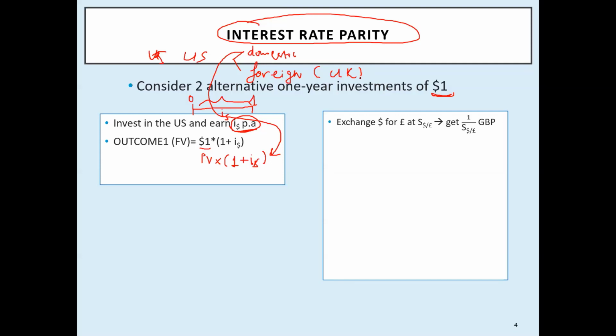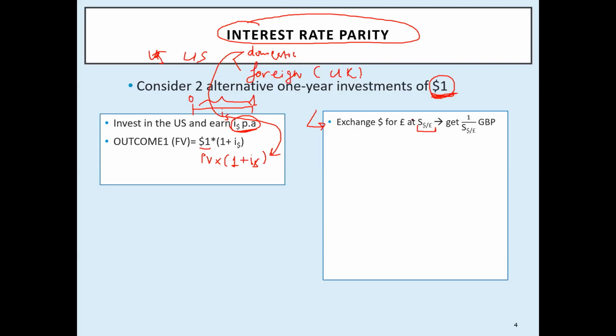If I want to invest in the UK, I would need to first exchange my US dollars to the pounds. So I started with $1 before. The first step is to exchange this $1 to the pounds. Given the spot exchange rate between the dollar and the pounds, the dollar over the pound, this spot exchange rate is the price of the pound in terms of the USD.